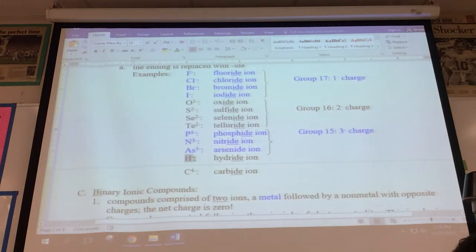If H forms an anion, it is a hydride ion. If carbon forms an anion, C4 minus, it gains 4 electrons, it's a carbide ion. So you want to learn your monatomic anions. It will be very helpful to you in regard to formula writing.